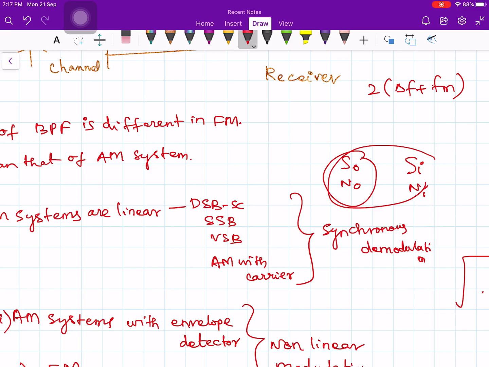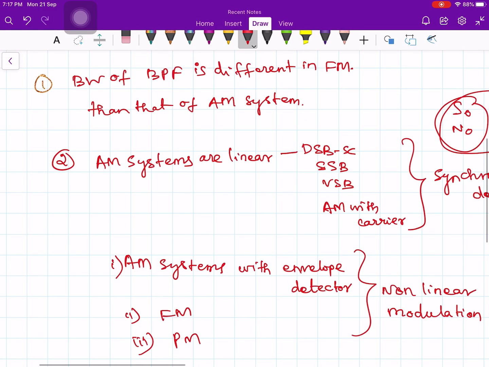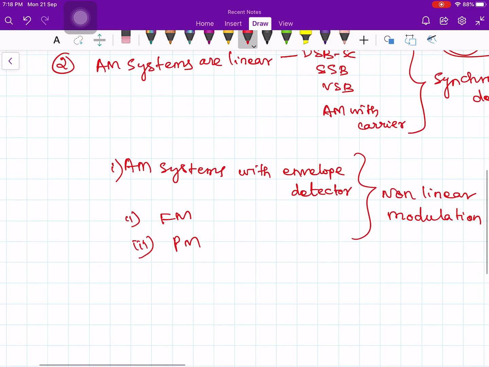So it is a non-linear system. So these are the two complications one has to consider when you do the analysis of FM system. Okay, so now let us proceed.